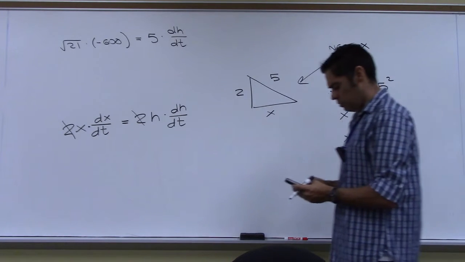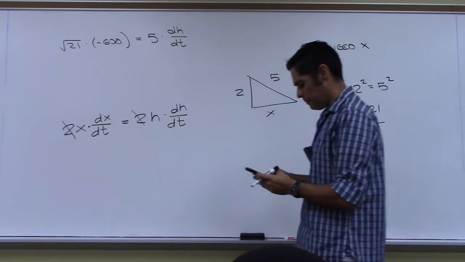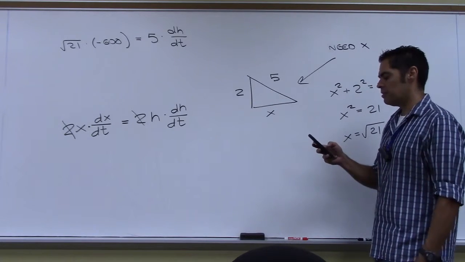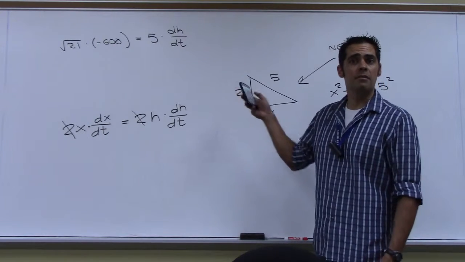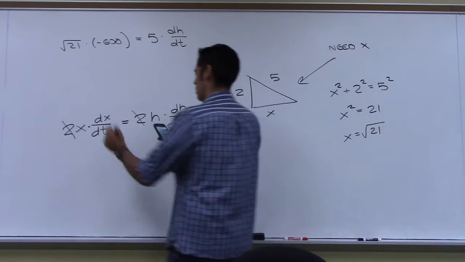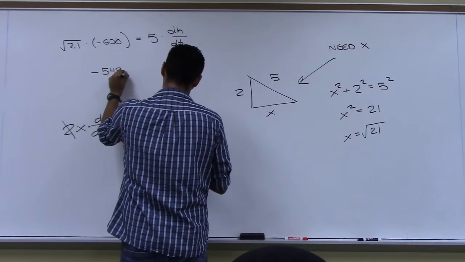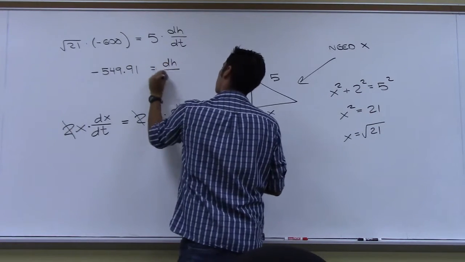So the square root of 21 times negative 600, I get negative 2,749.545. Then I'm going to divide that by 5. Divide both sides by 5. And I get negative 549.91 equals dh dt.